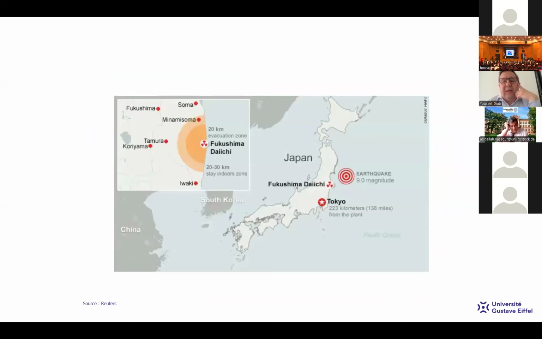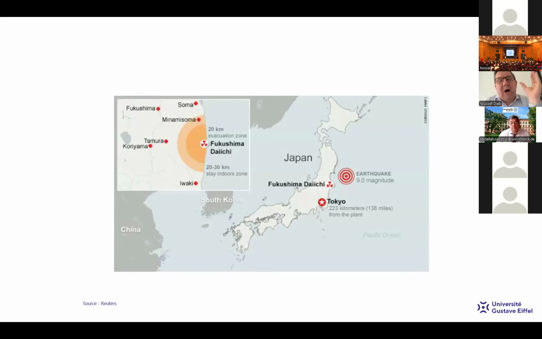The famous one is Fukushima. As you know, in Japan all the designs against earthquakes are of very high quality, but the Japanese code is designed for an earthquake of magnitude 8, and this one was a magnitude 9. So the resistance was not easy, and it was also combined with a tsunami with a wave height of 9 meters instead of 6 meters.